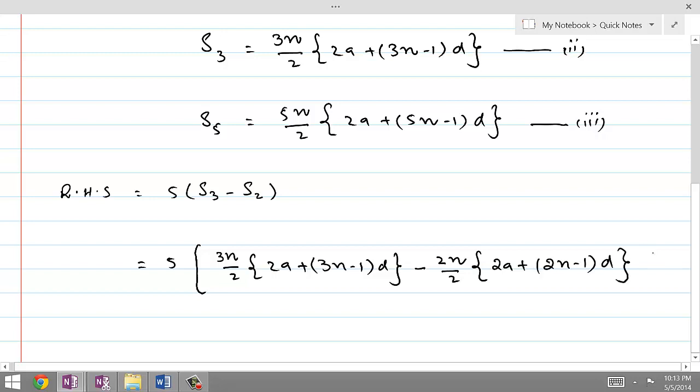You will close this bracket and then close this bigger bracket as well.